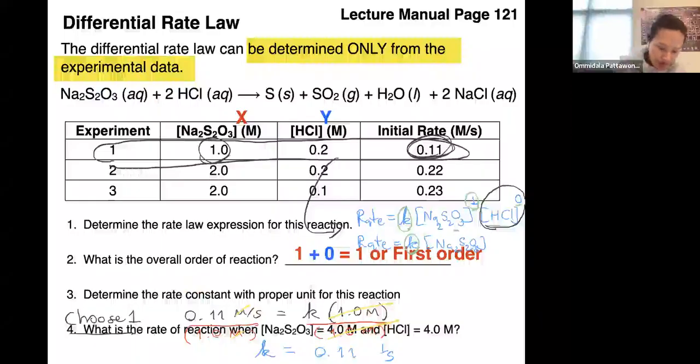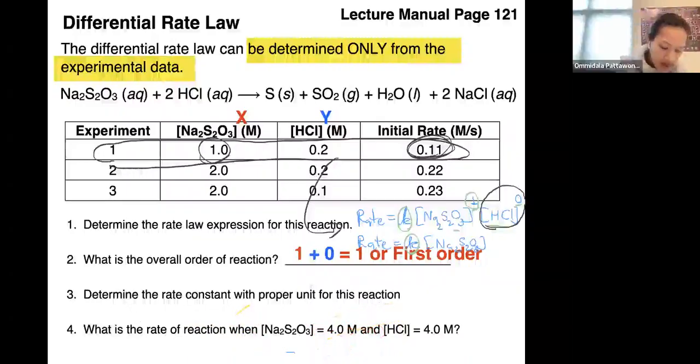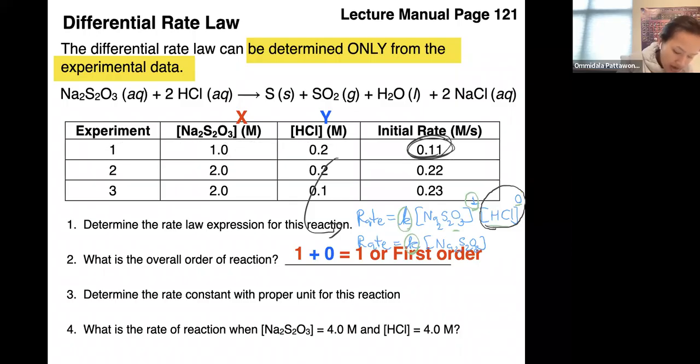Let's take a look at number 4. You can see that number 4 is asking you to find the rate of reaction at a concentration of 4 molar of sodium thiosulfate. If you look at the experiment, we don't have 4 molar. It's giving us only up to 2 molar. So this is outside the range that we already conducted in the experiment.